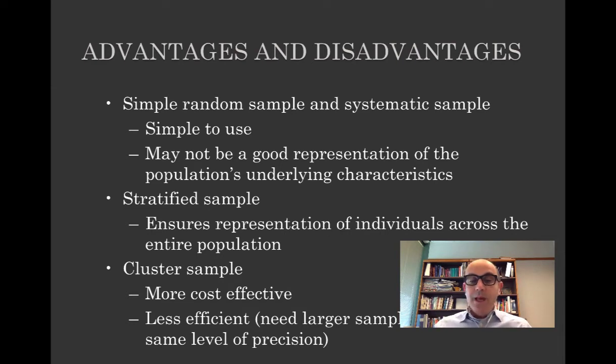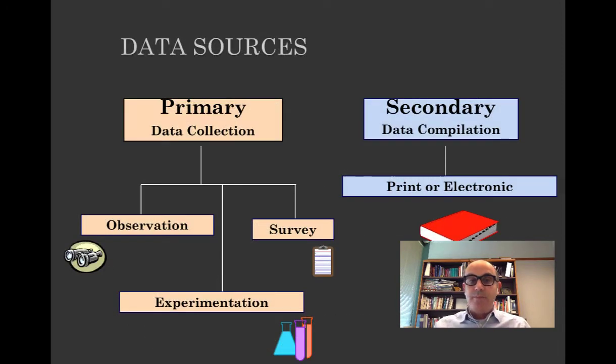Cluster sample is probably more cost efficient, but it is less precise; you need a larger sample in order to have the same level of precision in order to be successful.